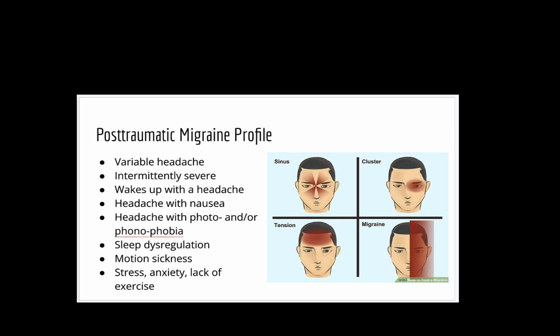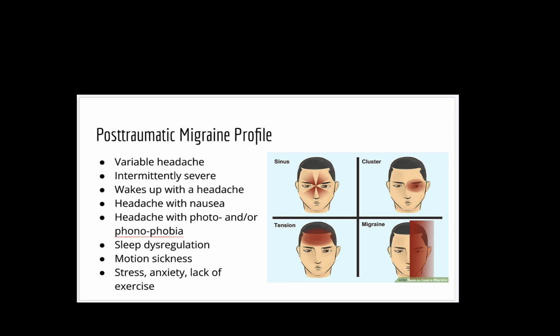Post-traumatic migraine profile. This is the type of headache that's typically unilateral. They'll often wake up with a headache, not to be confused with the cognitive profile, where they typically have a headache develop more towards the end of the day, but they feel really good in the morning. This is a person that feels bad from the very beginning. That headache may be associated with nausea.